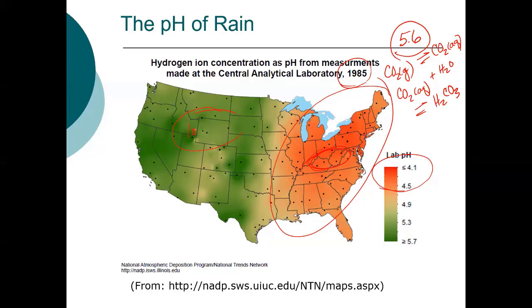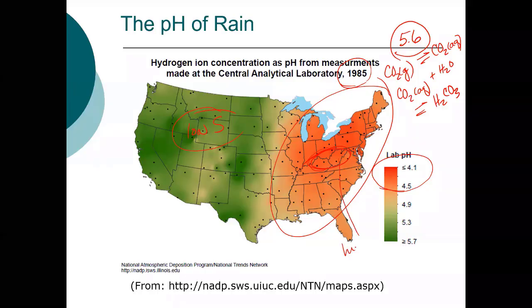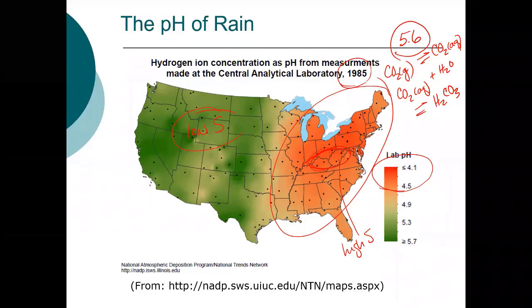So you've got low sulfur coal here, you've got high sulfur coal on the East Coast. And at the time, there were a significant number of coal-fired power plants burning that coal.